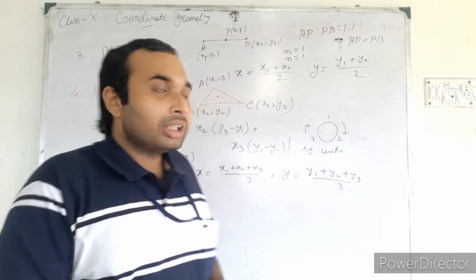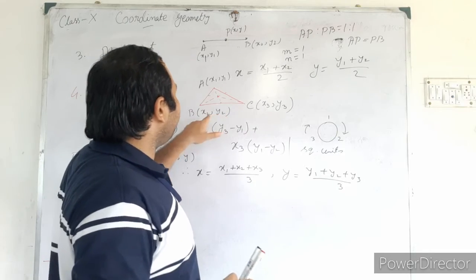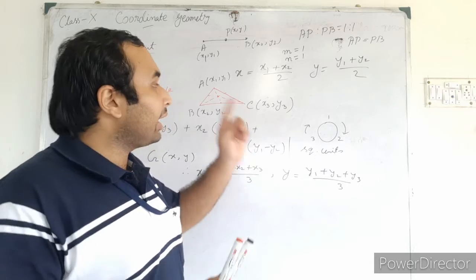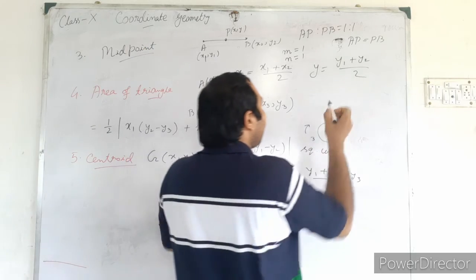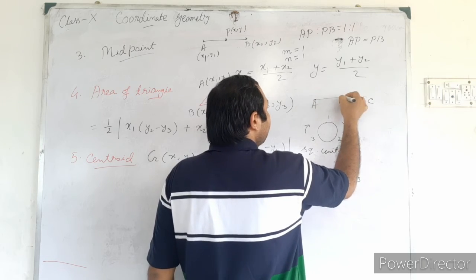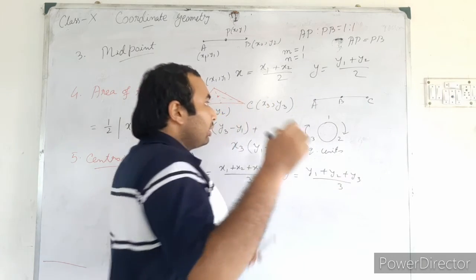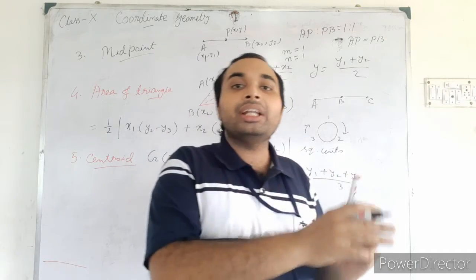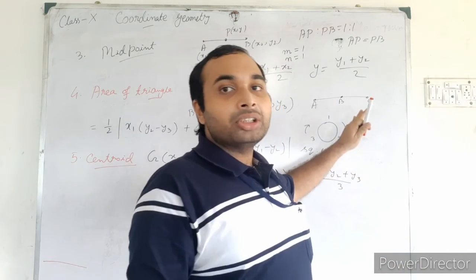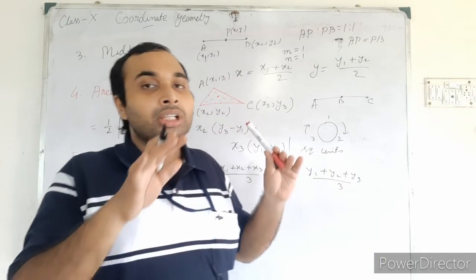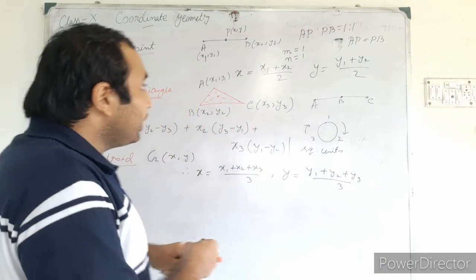So if x1 y1, x2 y2 and x3 y3 are collinear, they will form one line only. Here it will be A, here B, and here C. If we can prove that the area of the triangle formed by those 3 points is 0, then definitely we can say those 3 points are collinear.